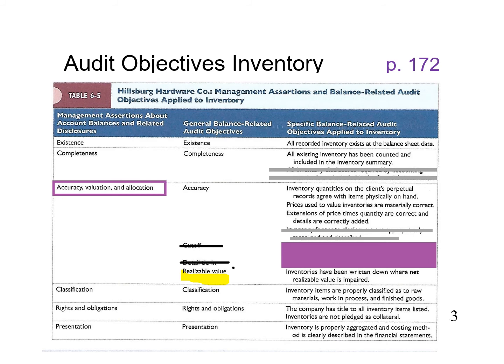Now we've got classification. We've got raw materials, work in process, finished goods. Rights and obligations. Does the company actually have the rights to that inventory? The fact that a car's sitting on Miller Motor Company's lot doesn't mean Miller Motor Company owns it or has the right to sell it.